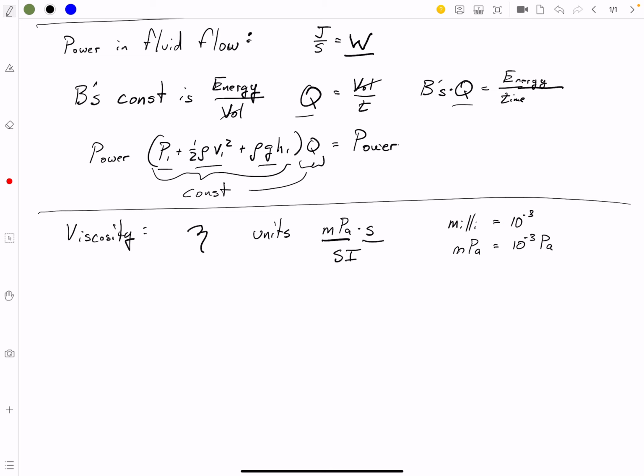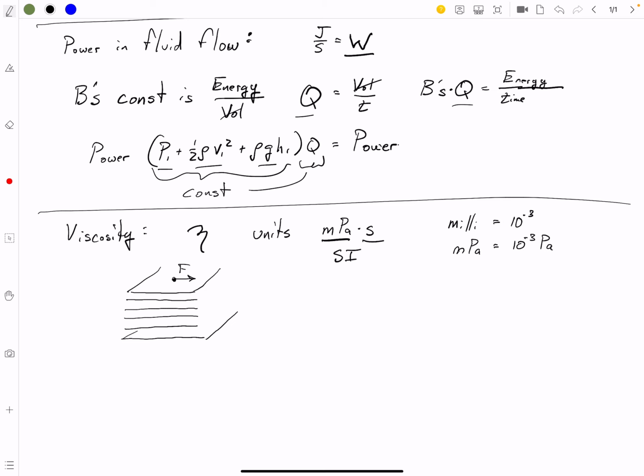So we've got this new product, and we want to do the old testing for viscosity, and we take two plates, a bottom plate and a top plate, and we apply a force to the top plate.